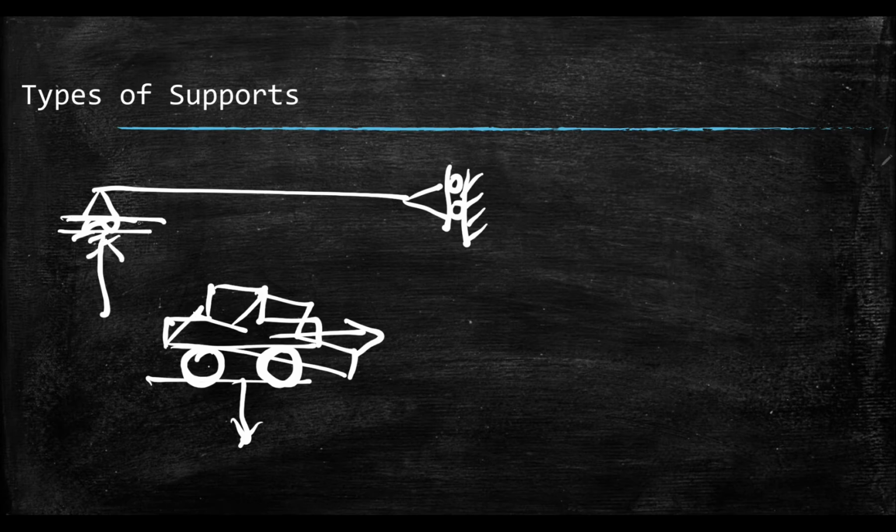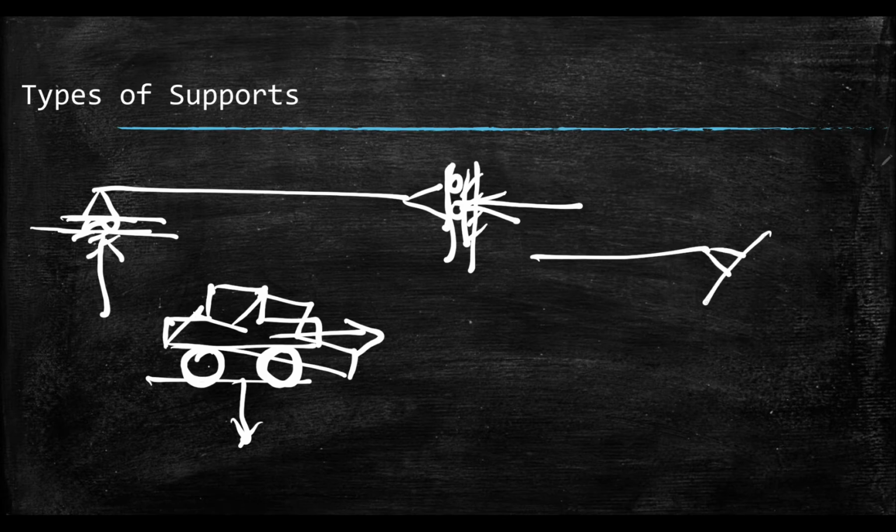If I provide it like this, it will offer resistance in the horizontal direction if I provide this vertically, and also the roller support offers resistance if I provide like this, in this direction. By looking at these pictures, you can understand that the roller support offers resistance in the direction perpendicular to the plane of the support.